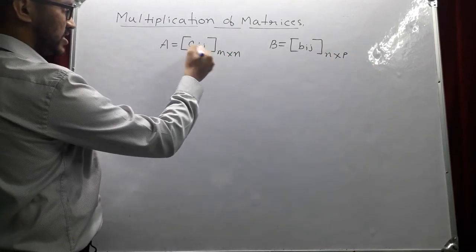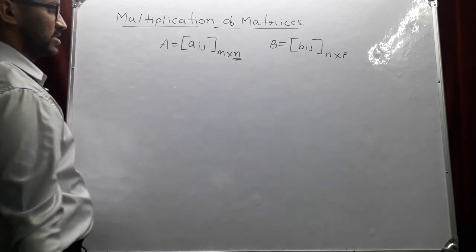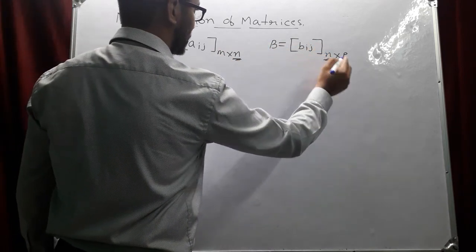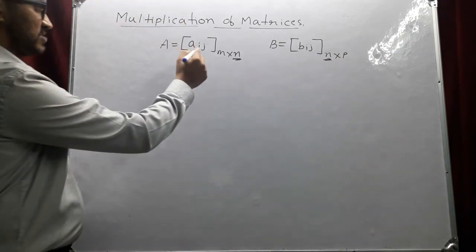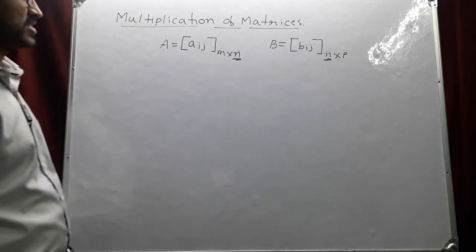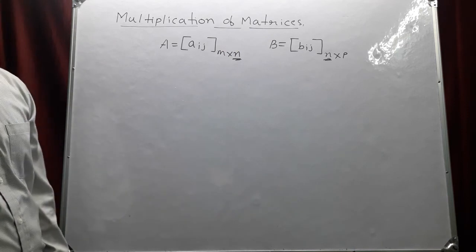See here, the number of columns in the first matrix is n, and the number of rows in the second matrix is also n. So since the number of columns in the first matrix is equal to the number of rows in the second matrix, we can multiply the matrices A and B.